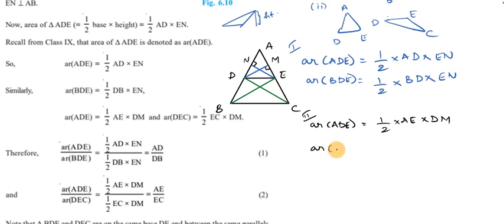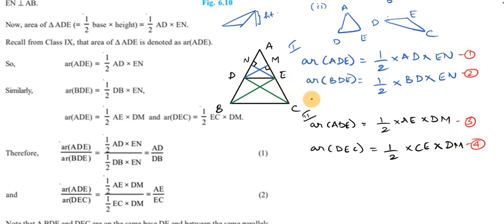Likewise area of triangle DEC, which will be half into my base, which is again CE. Now again the height is going to be DM only, because this is the perpendicular line, DM. Now let me name all these as 1, 2, 3 and 4.